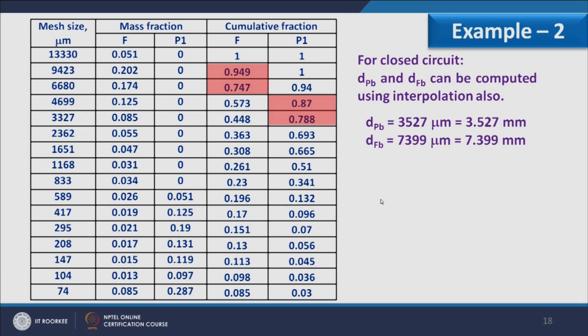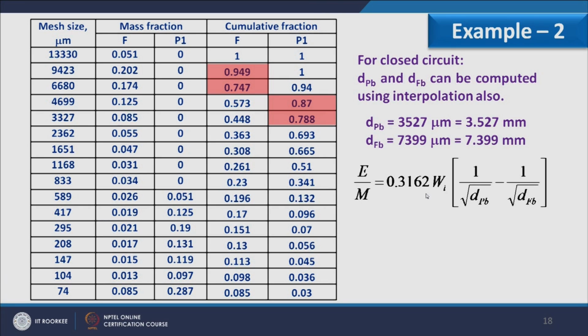So, using interpolation I can calculate dPb and dFb, and further using work index as well as these values I can calculate power consumption. It would be multiplied by 30, and final power consumption for closed cycle is 19.92 kilowatt. So, this is the power consumption for closed cycle as well as open cycle.